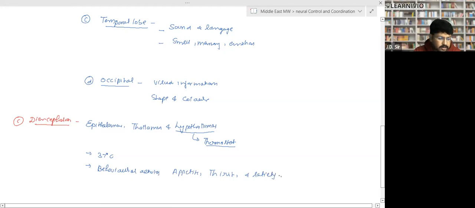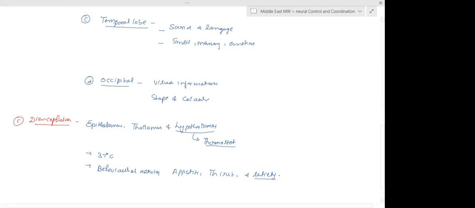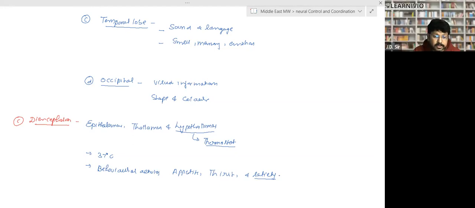Satiety means the feeling of being satisfied. Sir, can you say what's after behavioral? Behavioral activities like appetite, thirst, and satiety. Satiety means feeling of being satisfied, right?